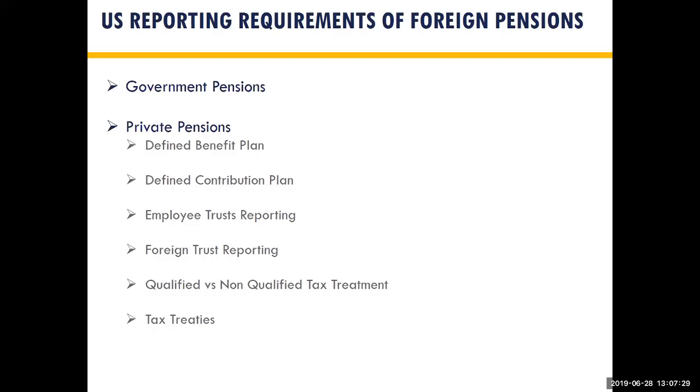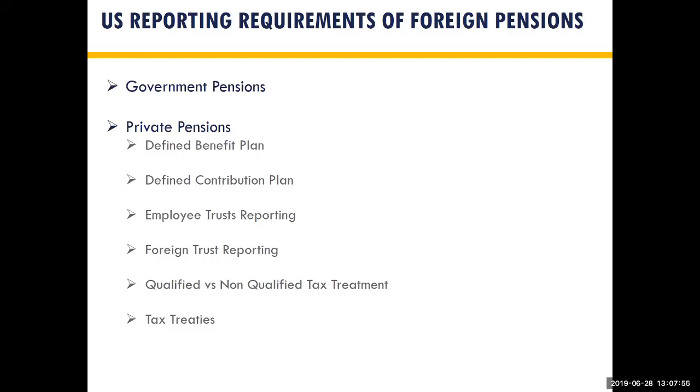You also have to look at tax treaties. What does the tax treaty between the US and UK say about the income earned from a pension during the life of the pension? And what does the treaty say about when you start pulling out distributions from the pension when you're a resident of the UK or a resident of the US?